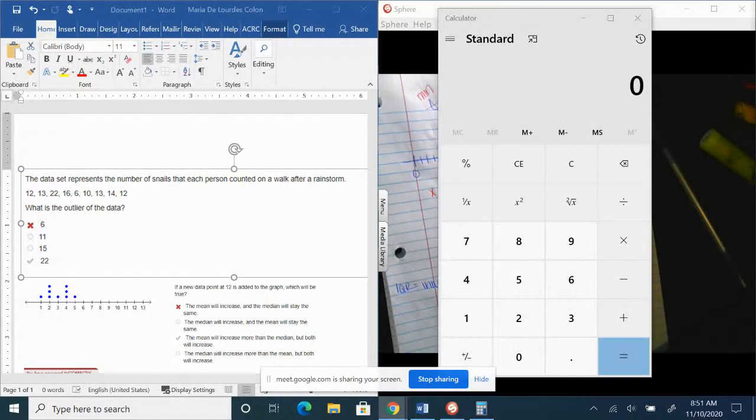It should share soon, so let it load. But now you should hopefully see everything there. Now you should be able to see the calculator.